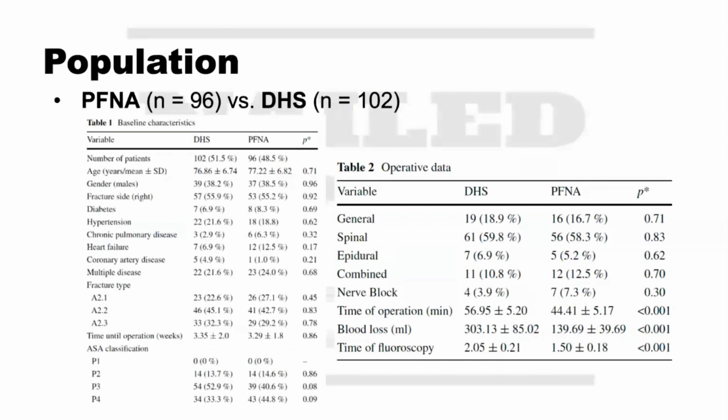And they excluded any patients if they were polytrauma fractures, intracapsular fractures, stable patterns, if they had a history of a previous hip surgery, and patients who were unable to ambulate. So they were able to randomly allocate 96 patients to the short cephalomedullary nail and 102 to DHS. And thankfully, both groups had similar baseline characteristics, and there were really no differences in regards to the type of anesthesia they received.